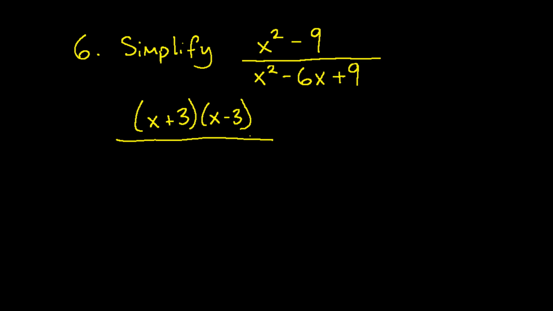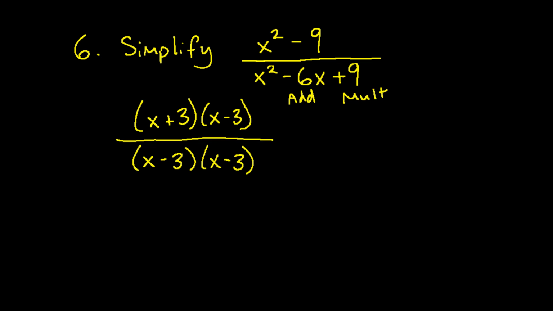So the numerator factors. The denominator also factors. X times x would be x squared, and two numbers that multiply to be positive 9 that add up to negative 6 are negative 3 and negative 3.